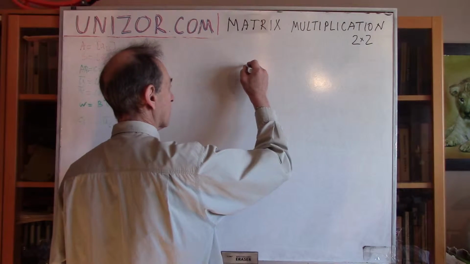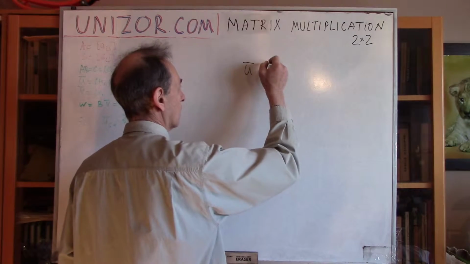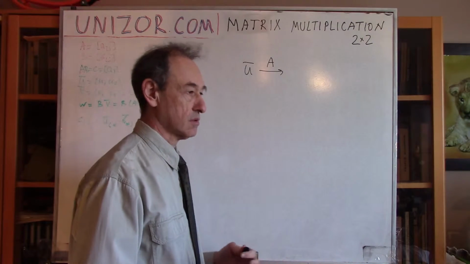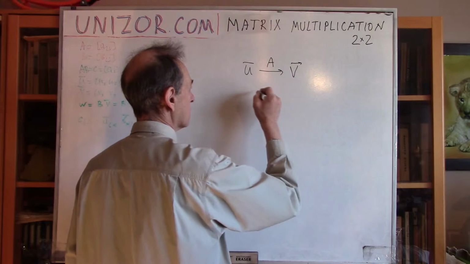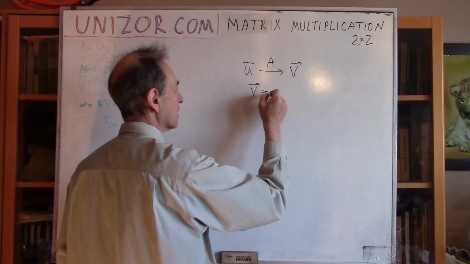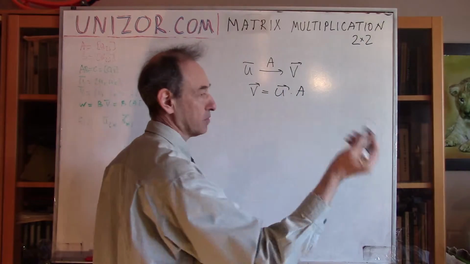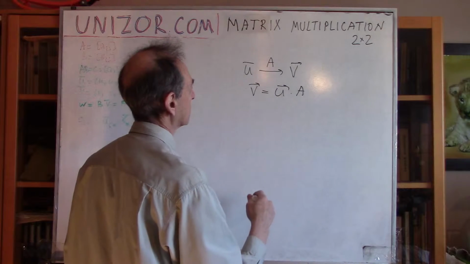If you take the vector u and apply a certain linear transformation, which is reflected in some matrix A, into vector v, then you can say that v is equal to u multiplied by A, or A multiplied by u. It depends on whether it's a row vector or column vector.